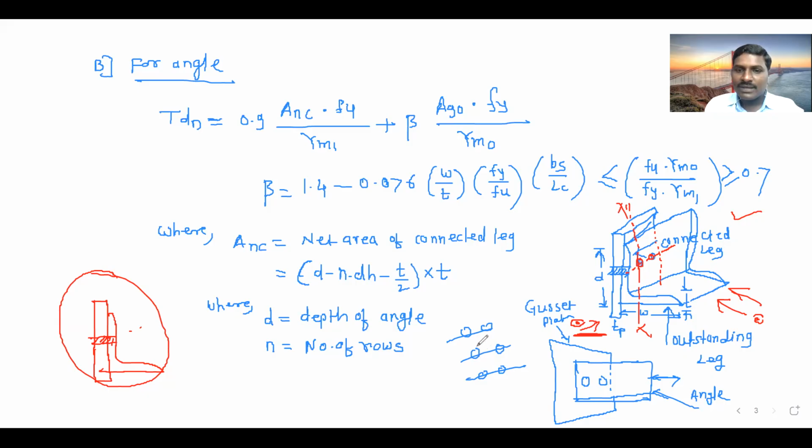Because we have taken the cross section at one line only. So however many rows there are, only those we consider. That means 3 bolts are cut if we have taken the cross section at this stage, cross section 1-1. But how many bolts are cut under this cross section? Those bolts we have to take here.